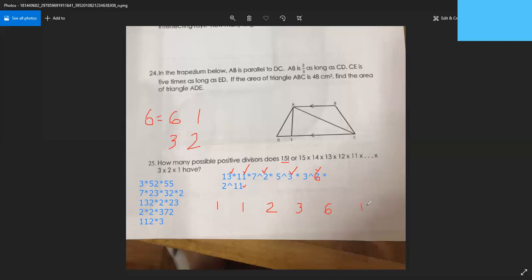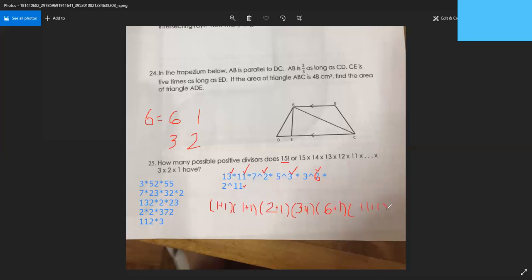What we need to do now is to add 1 to each exponent. 1 plus 1 here, and here, 1 plus 1 also. Here, this will be 2 plus 1. Here, 3 plus 1. Here, 6 plus 1. And here, 11 plus 1.